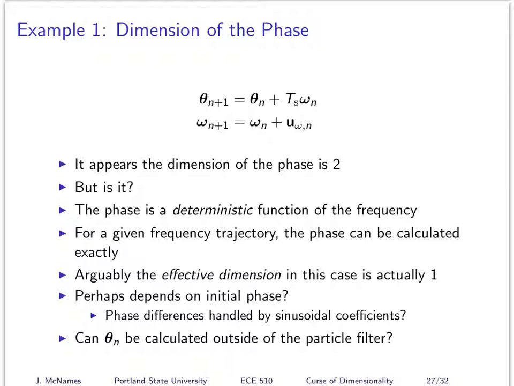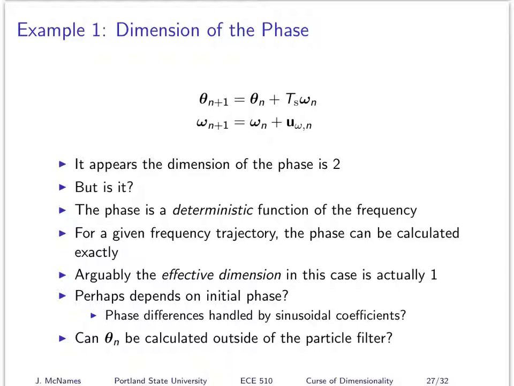There's one other idea that I want to get across. We've run into integrals or discrete time approximations of integrals before. We've done it actually many times in this class. So here we've got the frequency, there's a random walk model for the frequency, and the phase is just an integral of that frequency. And again, we're talking about things that are at the edge of my knowledge.